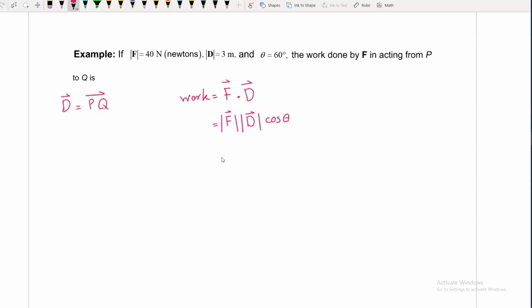And now based on what is given, for the magnitude of F we have 40, multiplied by the magnitude of D, or distance, which is 3 meters. And for theta we have 60 degrees.